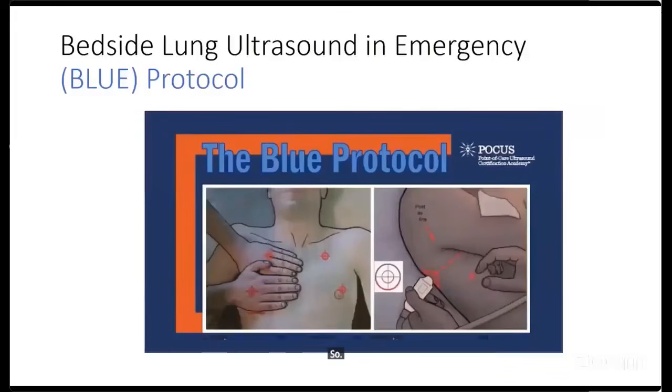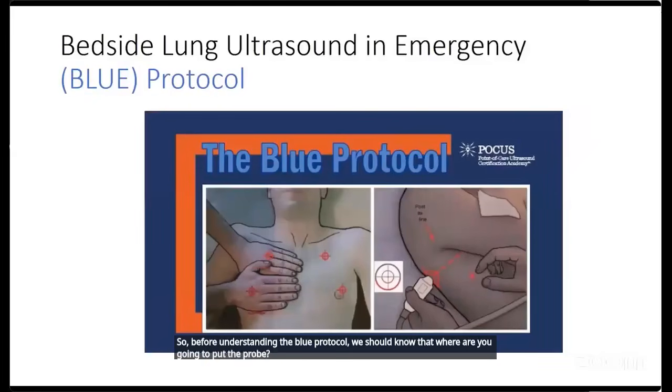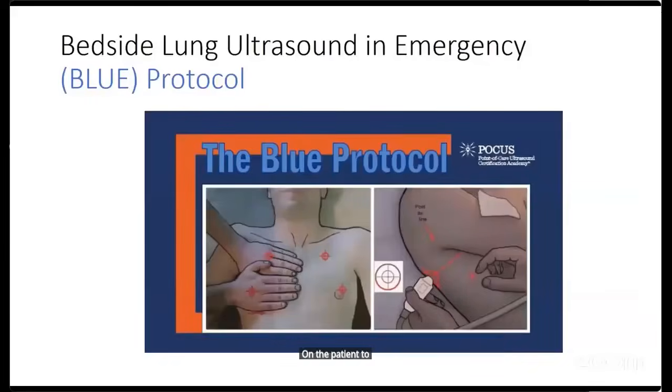Before understanding the BLUE protocol, we should know where you are going to put the probe on the patient to evaluate for these signs. As you can see on the anterior chest wall, these are the 4 points. How do we locate these 4 points? By placing 2 hands on the anterior chest wall with overlapping thumbs, and the central points of these hands become the first 2 points.